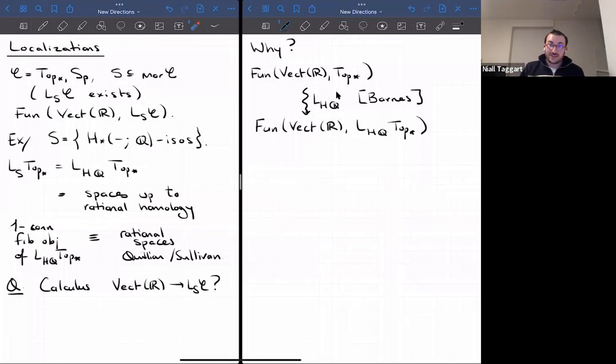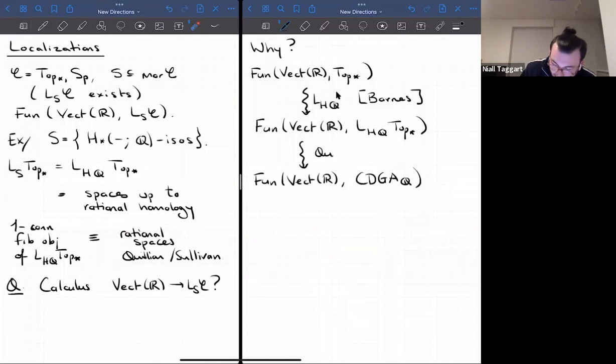Now, if your rational spaces are pretty nice, well, can't you then look at functors from vector spaces over the reals to CDGAs over the rationals? So via Quillen, by Sullivan.